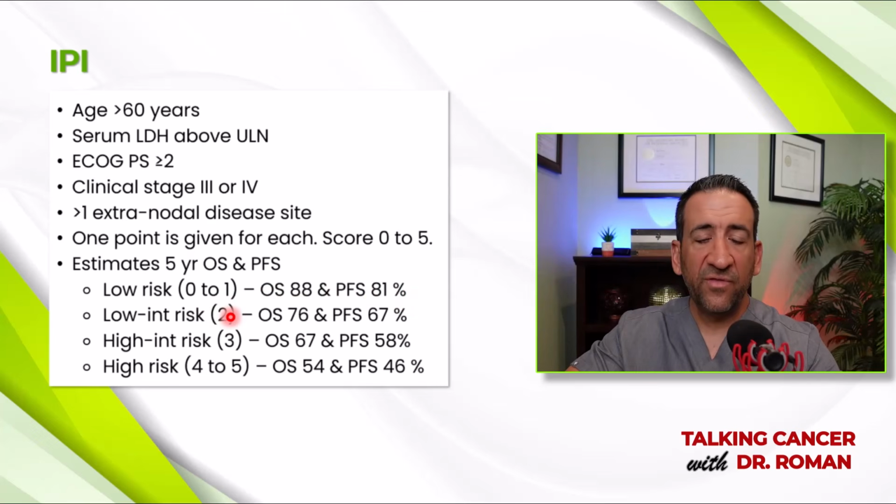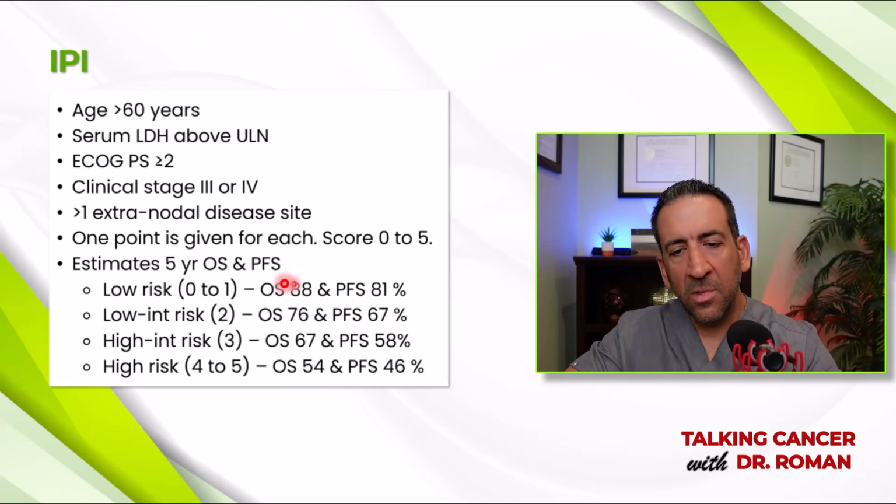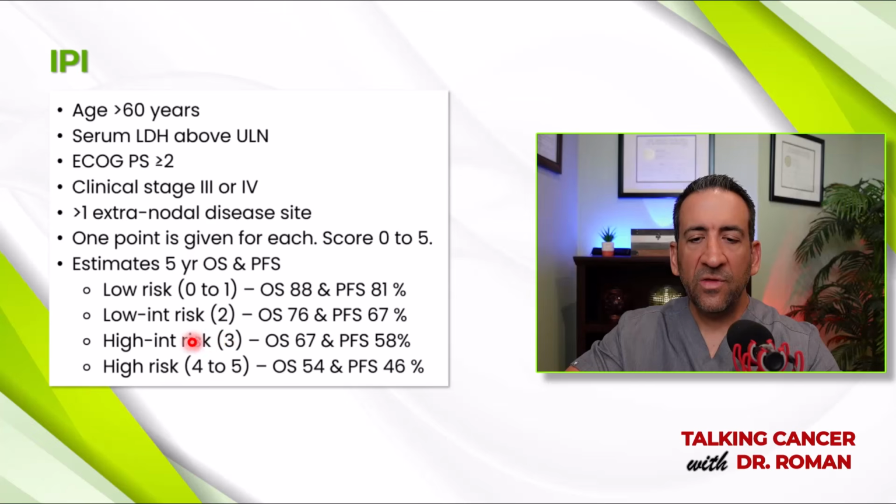If you have a score of 2, you are low intermediate risk with an overall survival of 76 with a progression-free survival of 67. If you have 3 points, you're high intermediate risk, overall survival of 67 and a progression-free survival of 58. And if you have 4 to 5 points, you are high risk and you have a 5-year overall survival of 54% and progression-free survival of 46%.